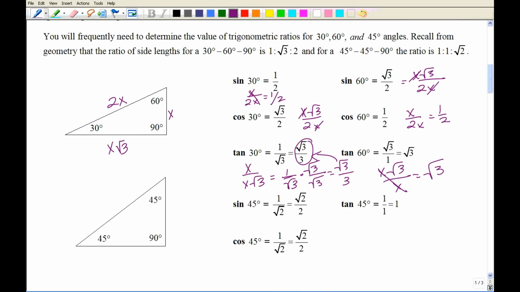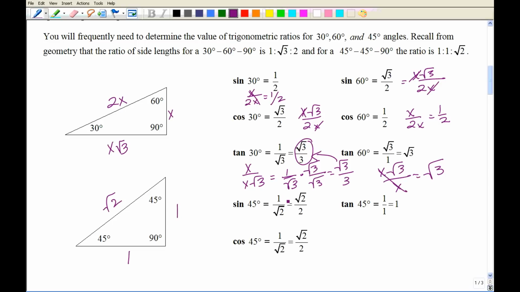For a 45, 45, 90, it's always easier to remember because two of the sides are going to be the same. That'll be a 1:1 to square root of 2 ratio. So for the sine of 45, it doesn't matter which angle you use. Sine is opposite over hypotenuse, so that'd be 1 over the square root of 2.